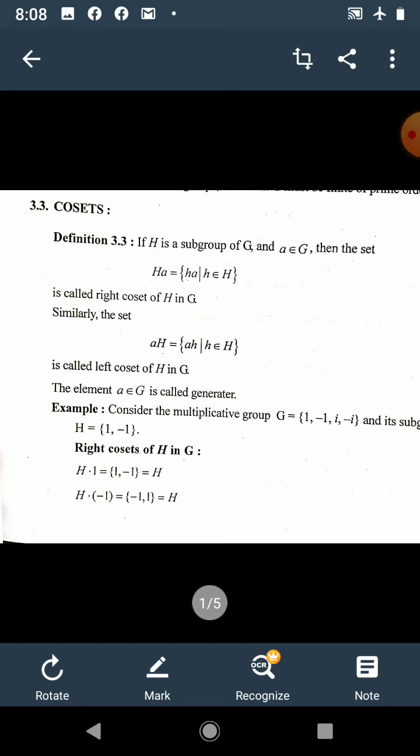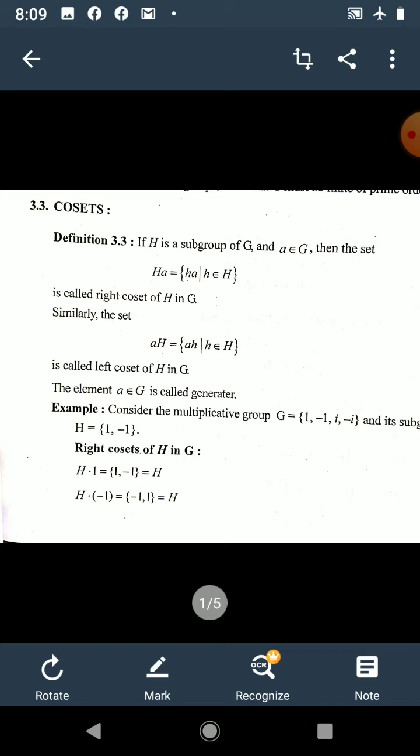Already we have studied the group and subgroup. You know that a group means a non-empty set Z with some binary operation dot defined on Z which satisfies the following four conditions. These conditions are closure property, associative property, existence of inverse, and existence of identity element.